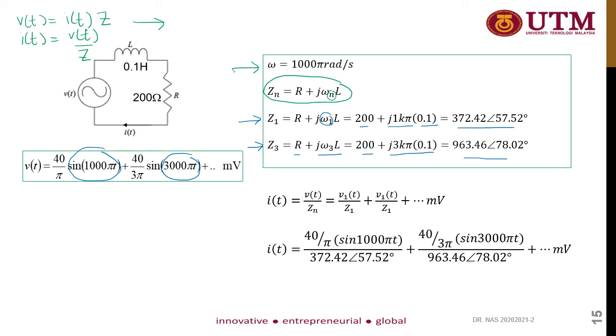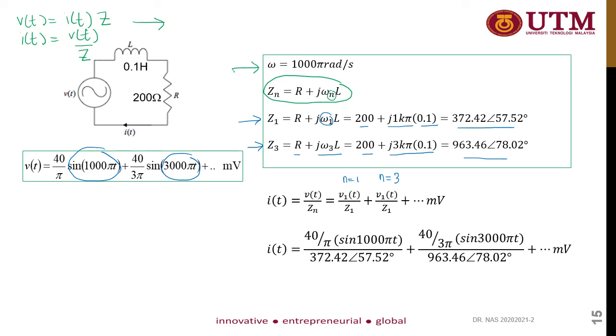Then you can solve for IT. So IT is equal to V divided by Z. In this case you have the first harmonic, n equal to 1, and the third harmonic, n equal to 3. So V1 divided by Z1 plus V3 divided by Z3.